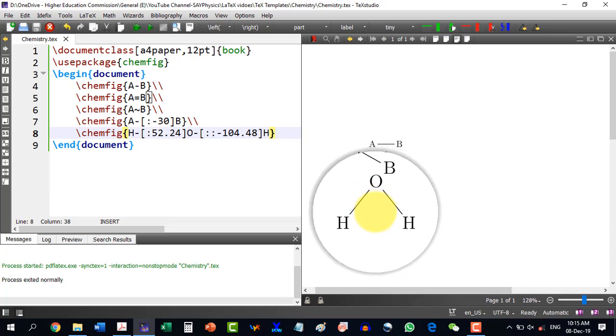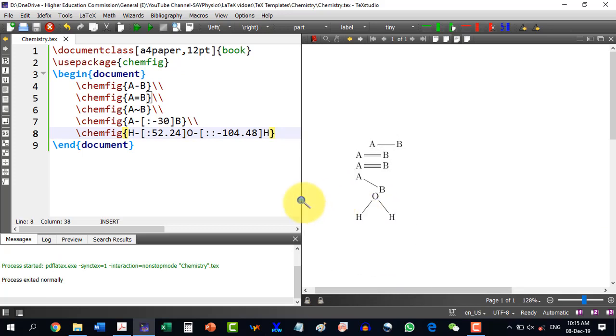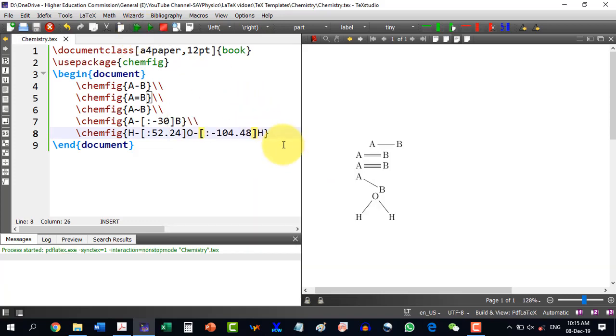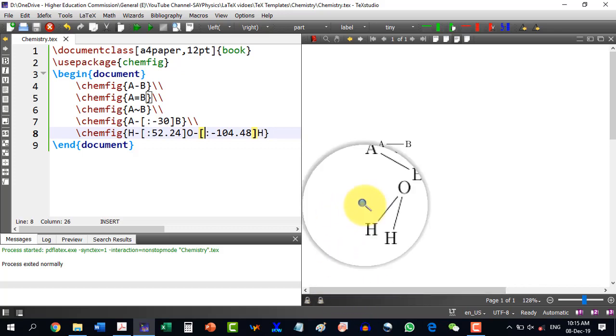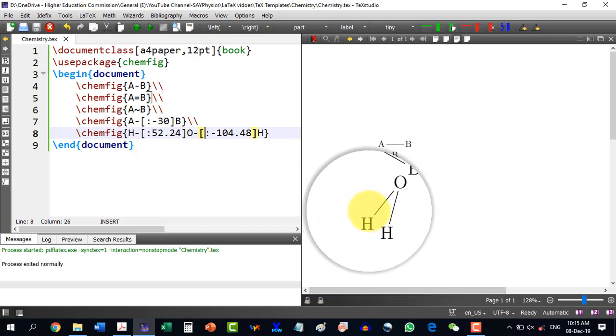And now, in order to understand the role of double colon and single colon here, if I remove the double colon from here and I just mark this one, then here you can see that our OH has been converted to this form, which is not right.